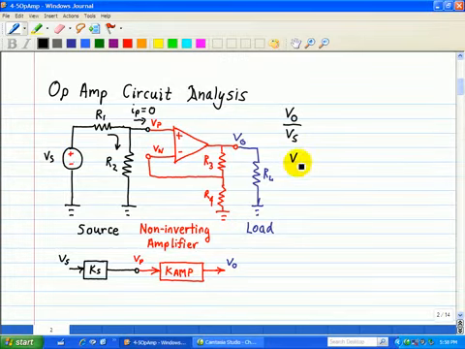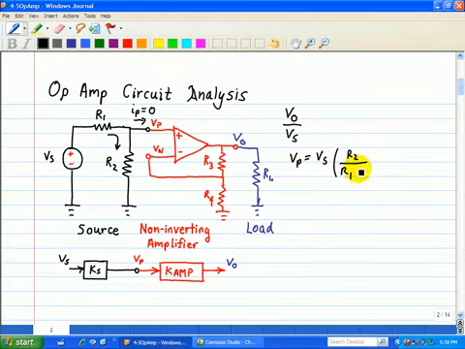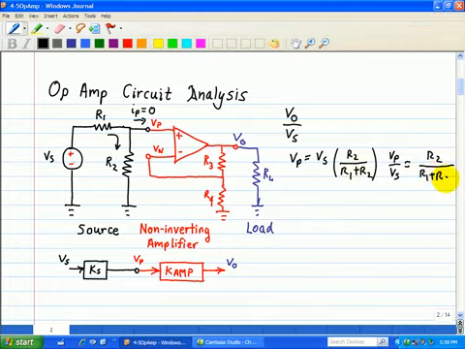So here, VP using the voltage divider is equal to our input source Vs multiplied by a scale factor of R2 divided by R1 plus R2. Okay, so VP divided by Vs is equal to R2 all over R1 plus R2.